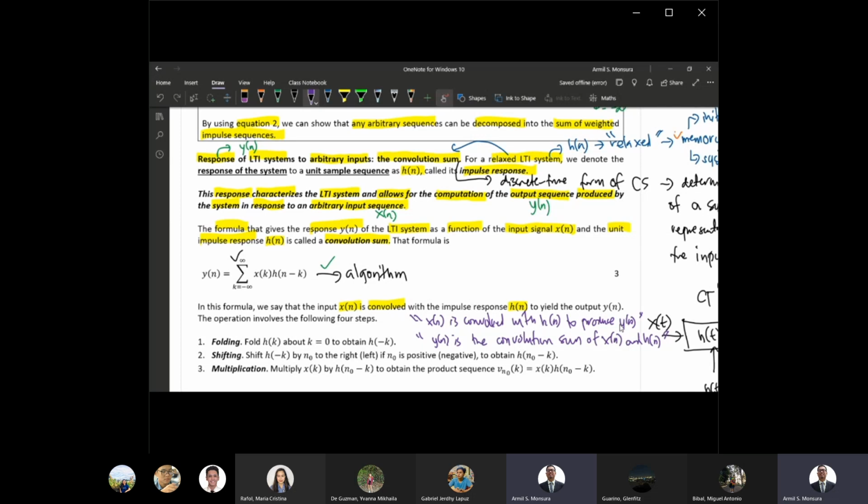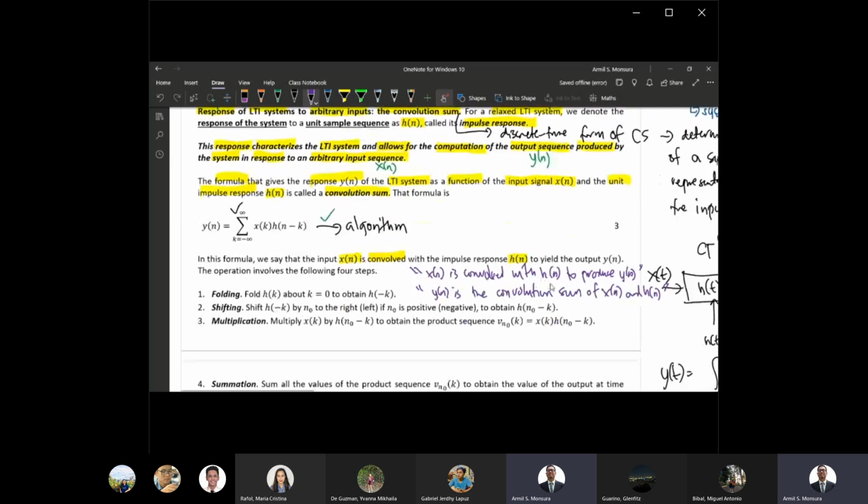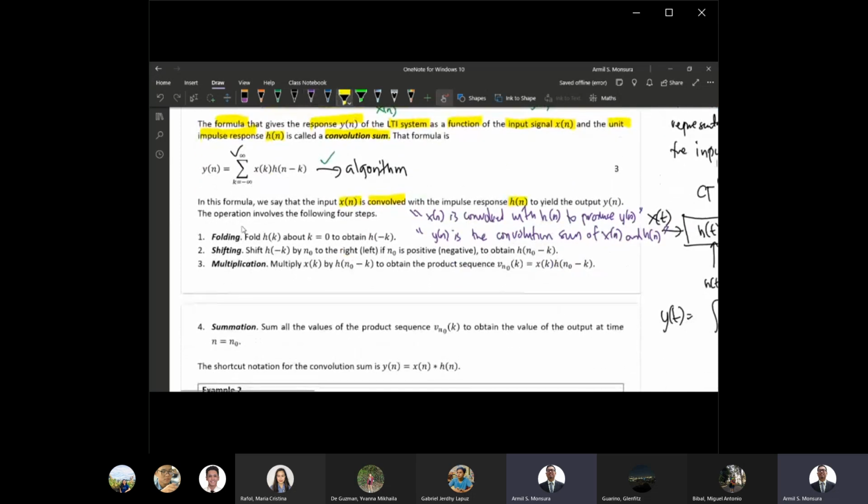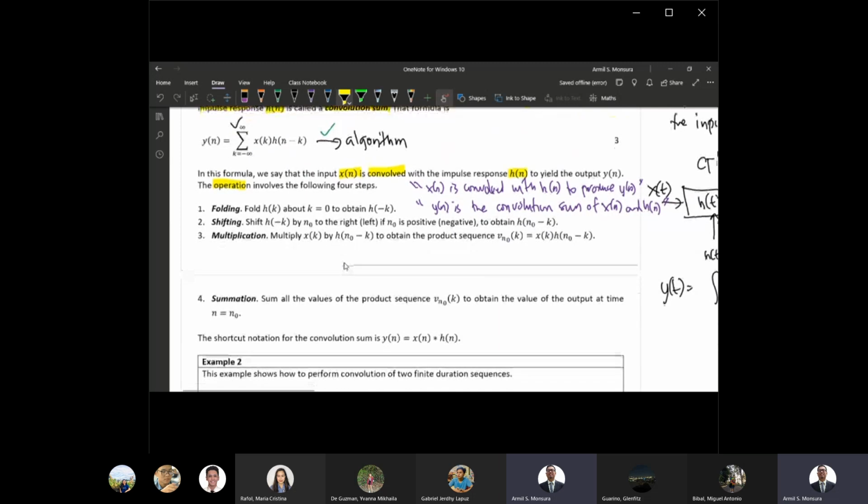Okay? So ayun. And yung mga derivatives ng mga phrases na yan. Okay. So ano yung operations? What are the operations involved in the convolution sum or in the algorithm of obtaining the convolution sum of two sequences? Okay? So the first one is folding.